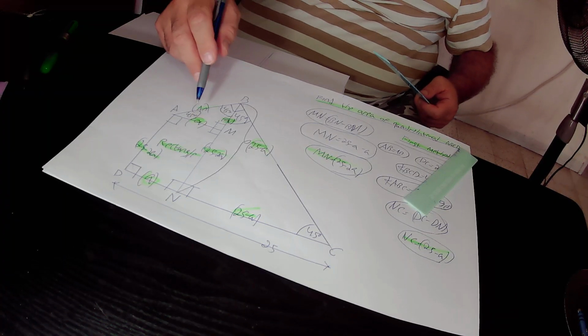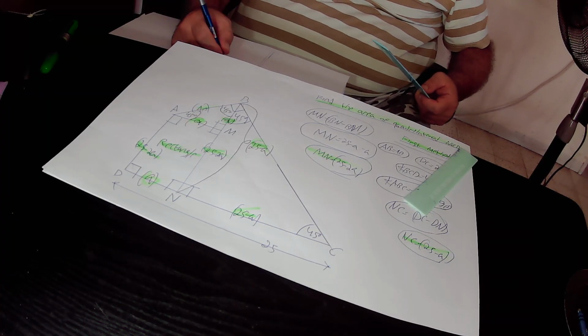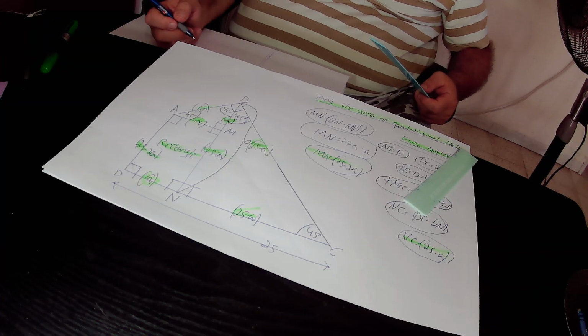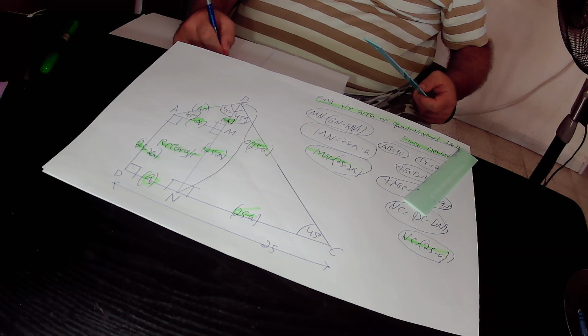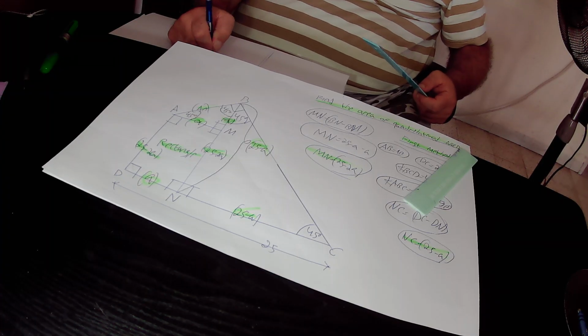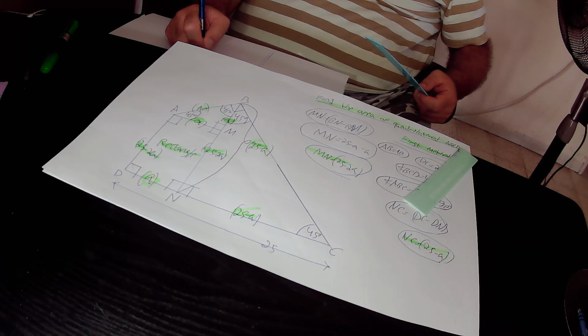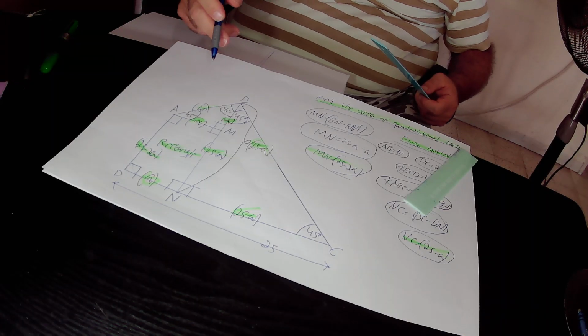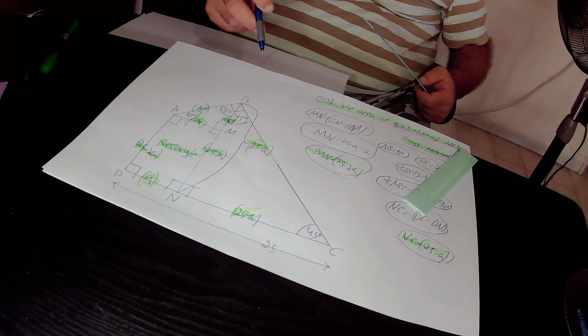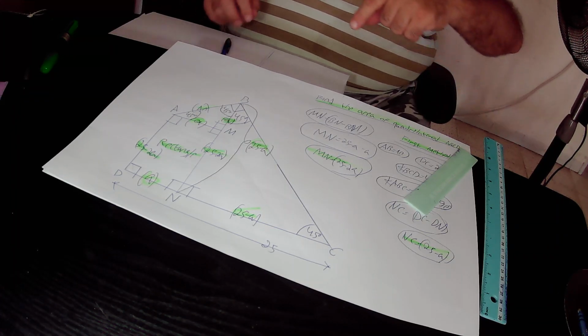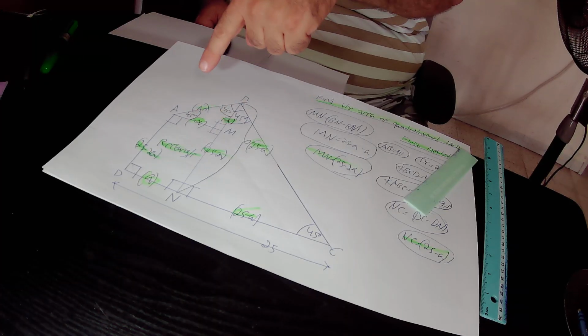What is the area of this trapezoid ABND? According to the formula that I presented to you in the beginning of the lecture, the area of this trapezoid must be equal to the sum of its two parallel sides times the height over 2. I already proved that side BN is parallel to side AD.